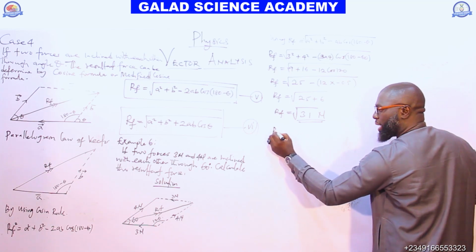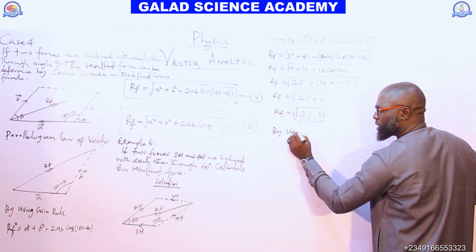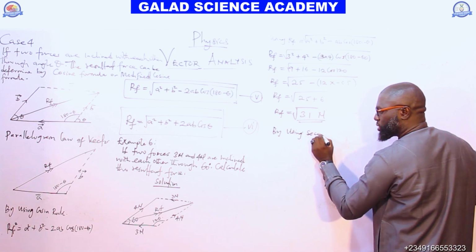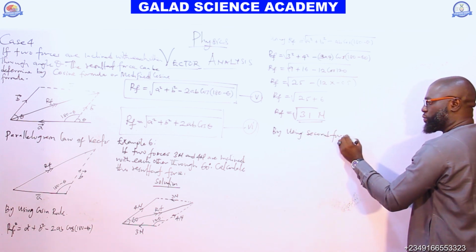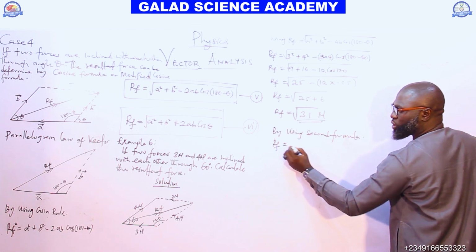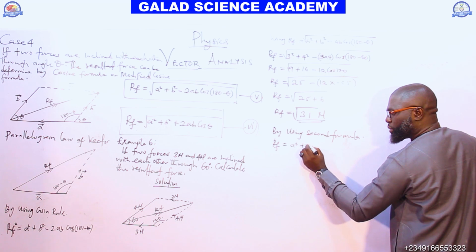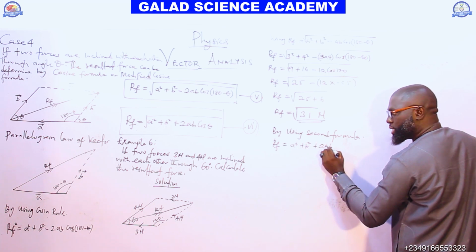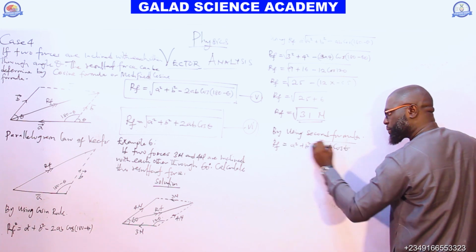By using the second formula, the resultant force equals the square root of A square plus B square plus 2AB cos theta.